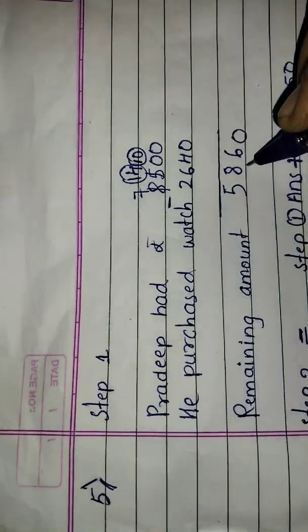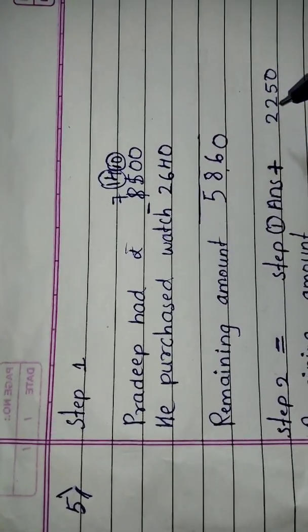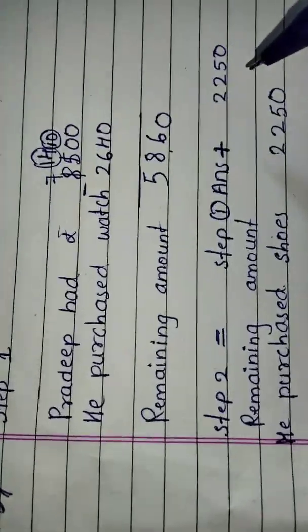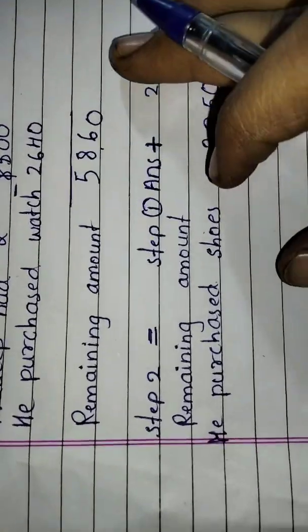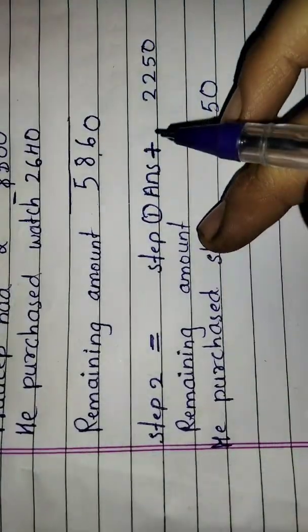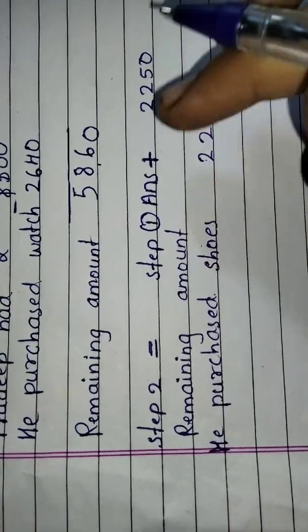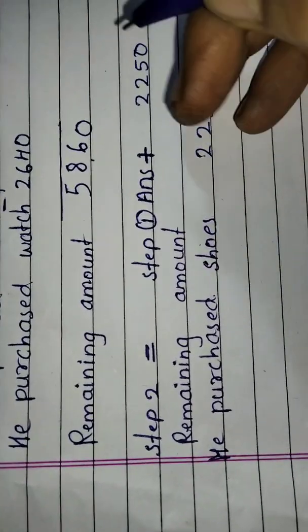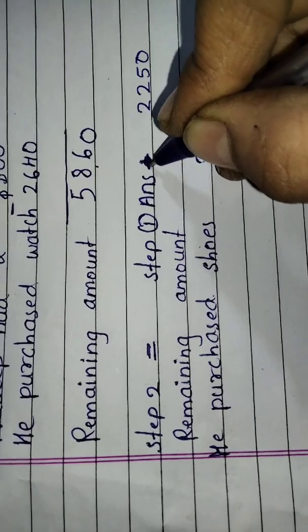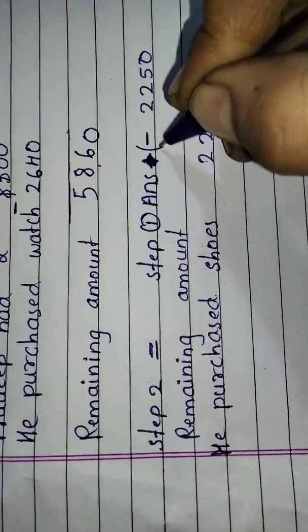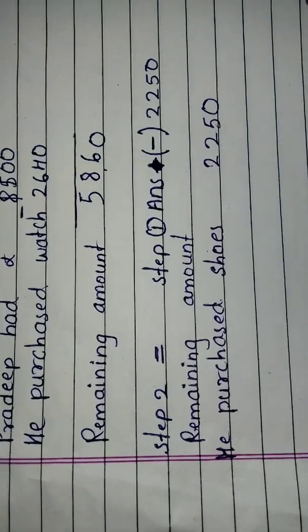Again he purchased shoes. Then the remaining amount, step 1 answer, minus this you have to do.